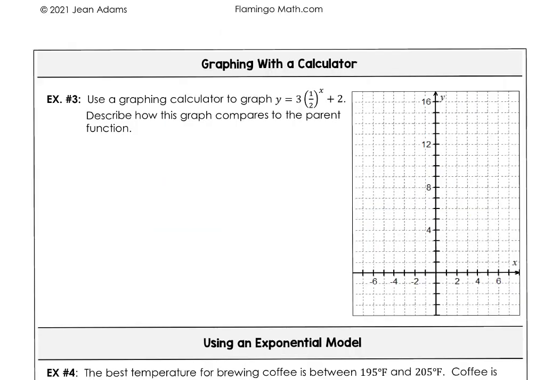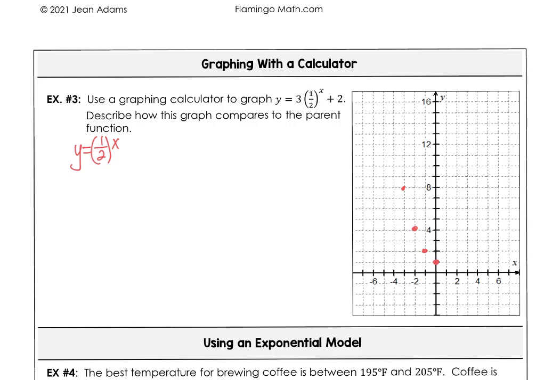For example 3, we want to graph with a graphing calculator. And I want to graph y equals 1/2 to the x power as my parent graph. I'm going to graph that in red. So we have 0, 1, and -1, 2, and -2, 4, and -3, is at 8.